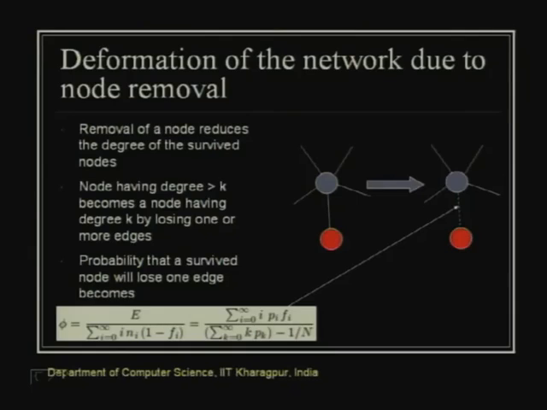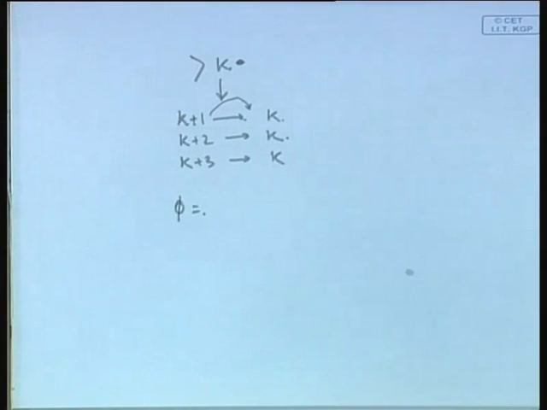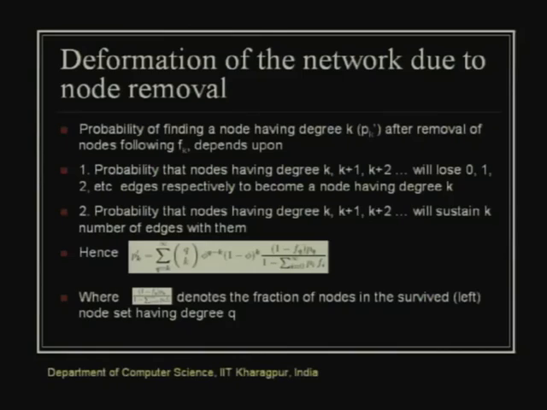Again, it is the same phi. Once you get phi, the question is the probability that it will lose one edge, two edges, three edges, and so on, to become k.